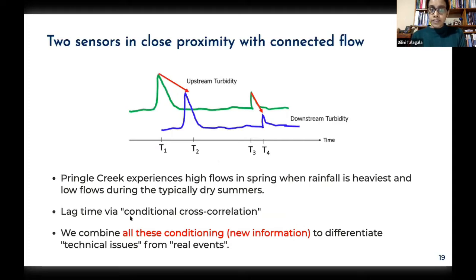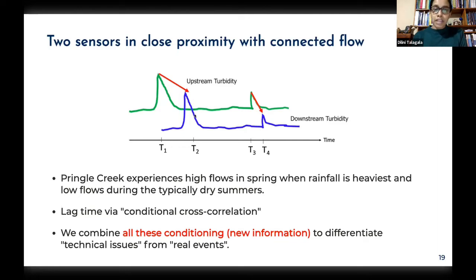Now, in the new algorithm that we are going to propose, we introduce another, additional conditioning. We try to incorporate new information coming from another site. In our proposed algorithm, we get that information by considering 2 sensors in close proximity with connected flow.